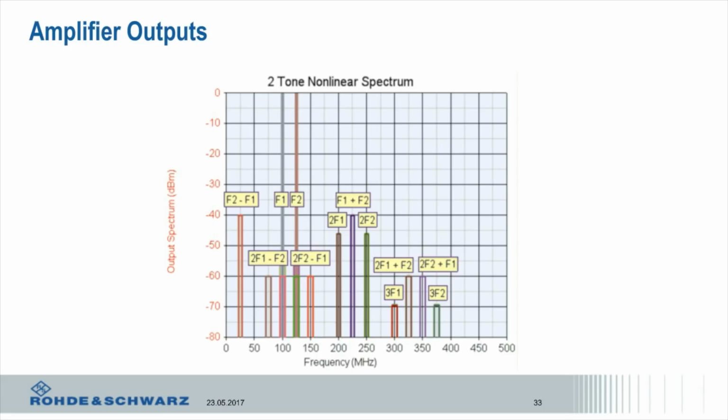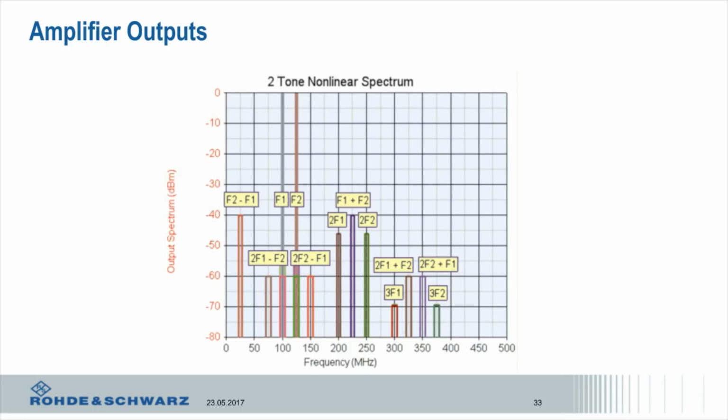Then you're also going to get higher order terms, in the case of the 2F1 plus F2, 2F2 plus F1 on the right there, with the 3F1, 3F2. Those terms are more like a harmonic term, and typically you can filter those out. But again, it depends a lot on your system.